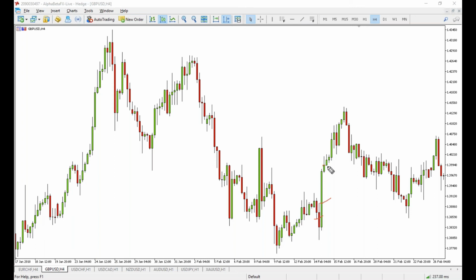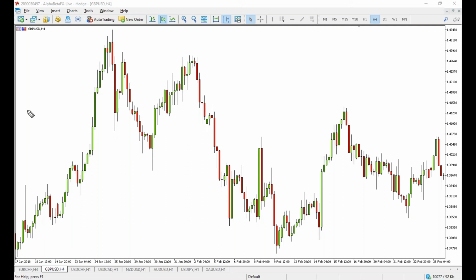And again the three white soldiers: first, second, third. So if you make entries with two types of confirmation at the same time, from here to here you can scalp the market with a good profit. This could be a good profitable trade entry and exit as well, if you follow the same candlesticks to make sense of the exit.